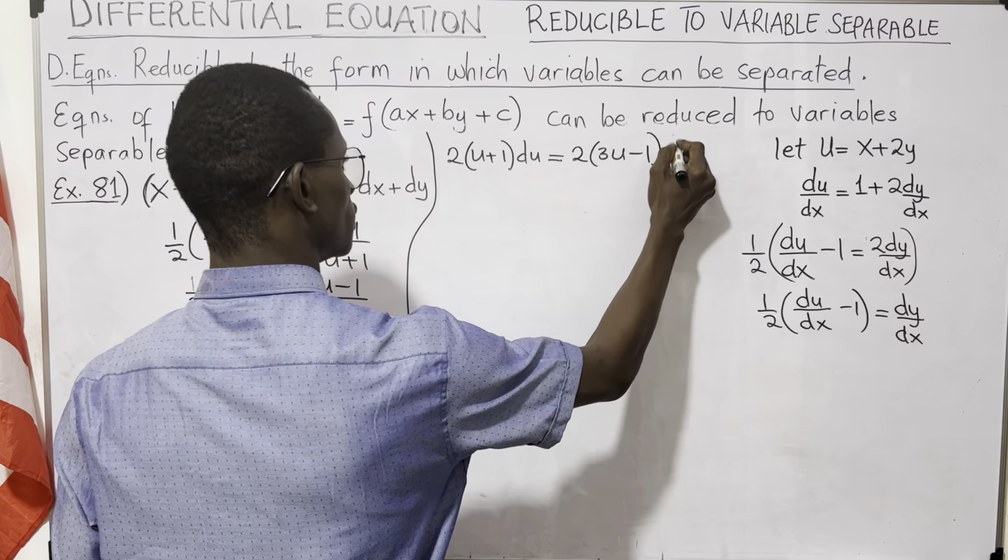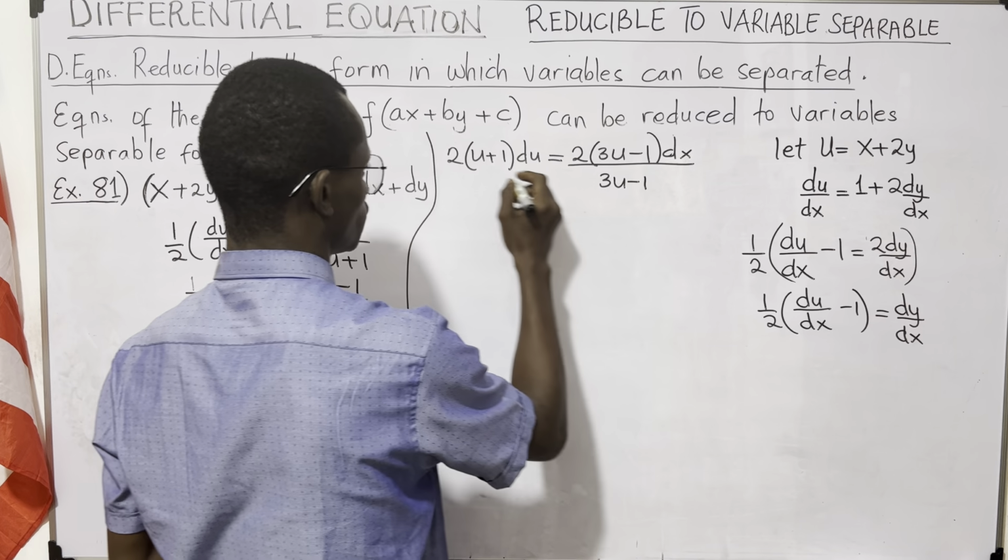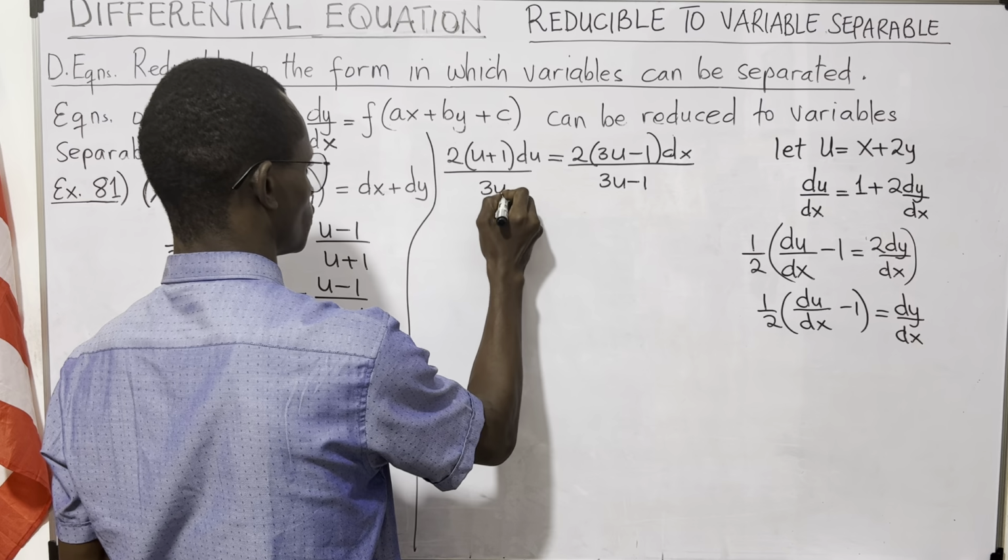Now, because this is dx, we only need x expressions here. So because it is not x, we have to get rid of it. So we divide both sides by 3u minus 1.